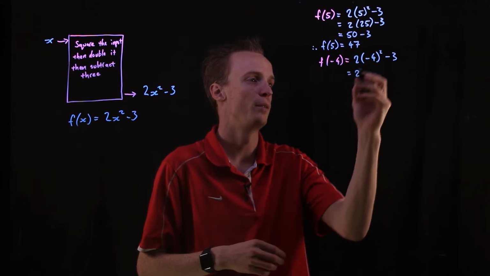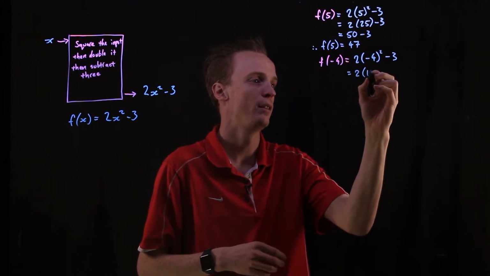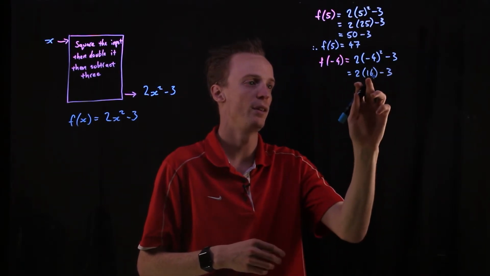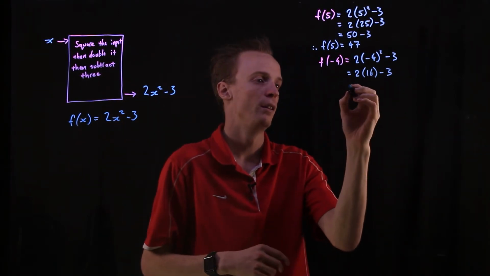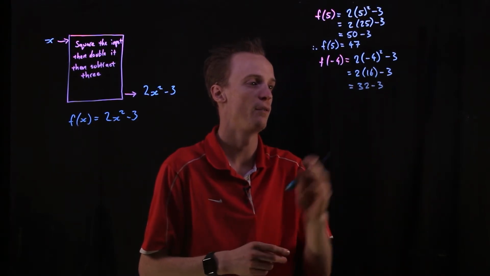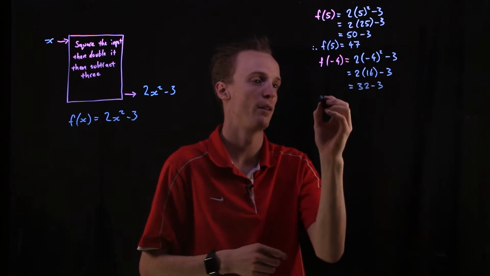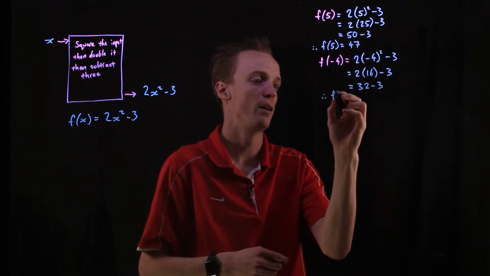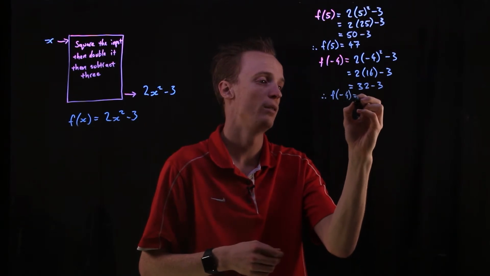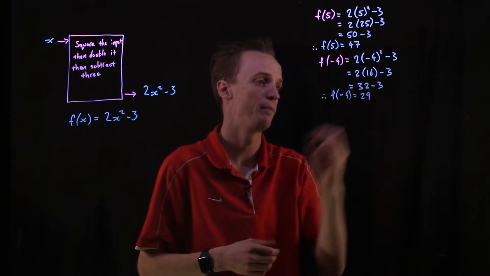So -4 times -4 will be positive 16, subtract 3. Then we've got to double it, so that'll be 32, subtract 3. And finally we subtract 3 from it. So my function output, when I input -4, will be 29.